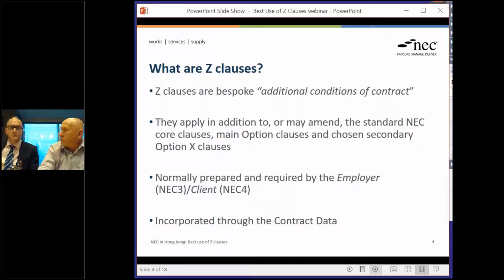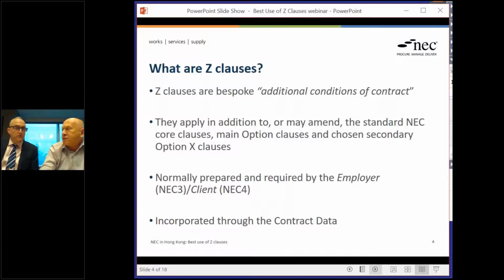So if you turn to the contract data for NEC 4, there's a specific place where it says that Z and additional conditions of contract are being used. They are as follows, and then there's a space where you're supposed to write the additional clauses, but of course in practice most parties are going to refer to a separate document containing them. That's certainly the approach that the Hong Kong government takes here.